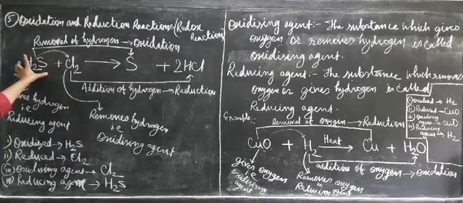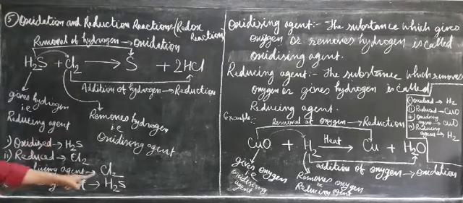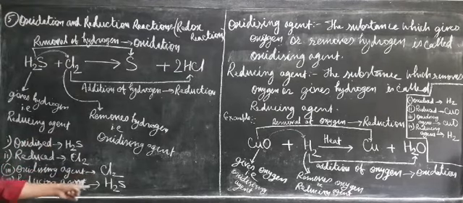So hydrogen sulfide gives the hydrogen, that is why it is a reducing agent. So the oxidizing agent is chlorine, the reducing agent is hydrogen sulfide.